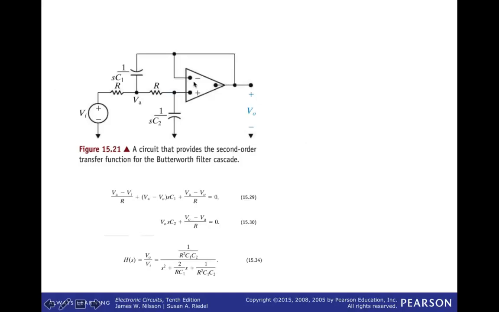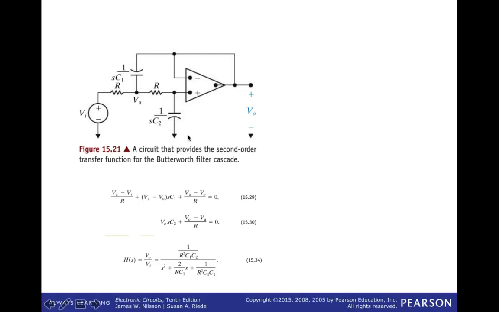All right, so what circuit generates a transfer function that looks like this? Here is a circuit that provides a second order transfer function for the Butterworth filter. So you have 2 different capacitor values and you have 2 values of R. In your prototype filter, remember we said you wanted as many values as possible to be equal to 1.